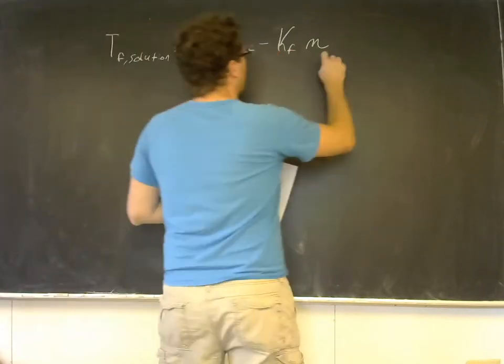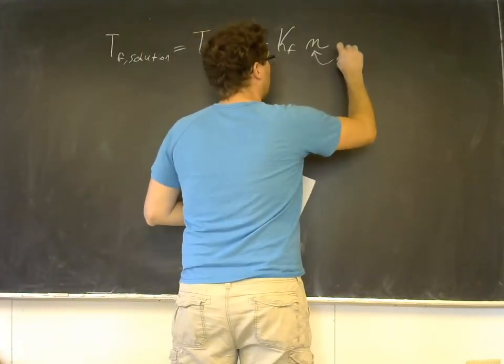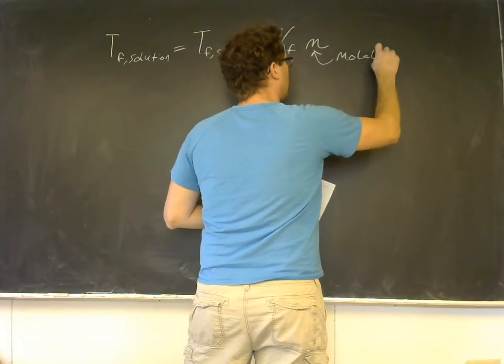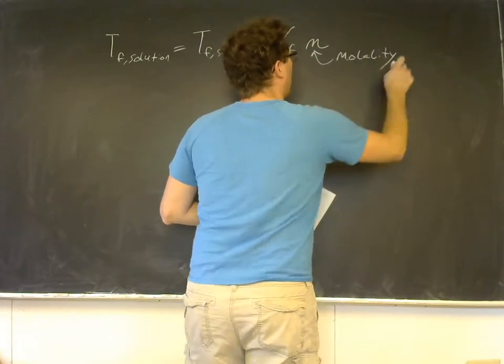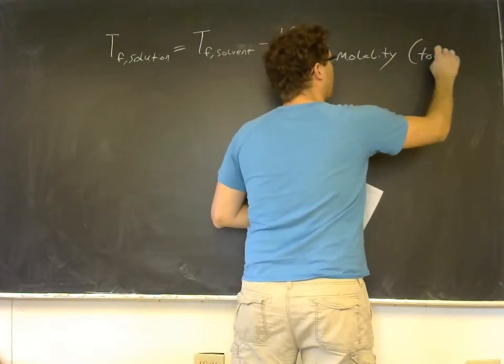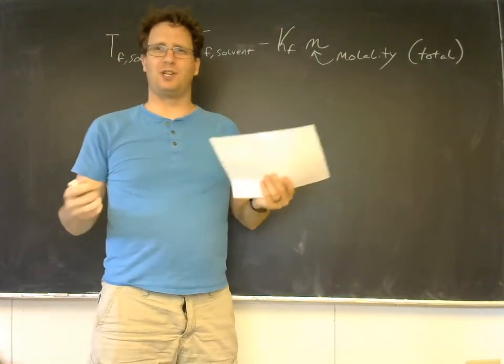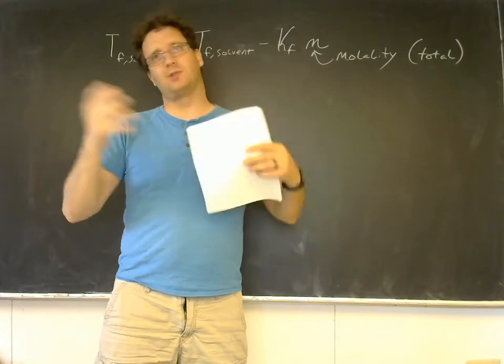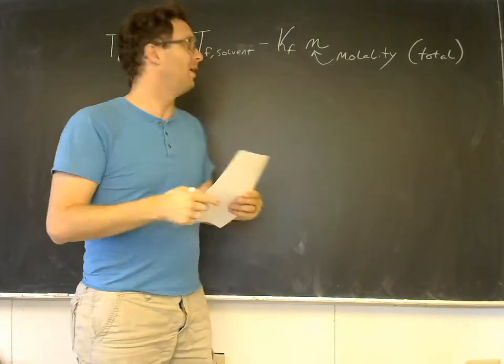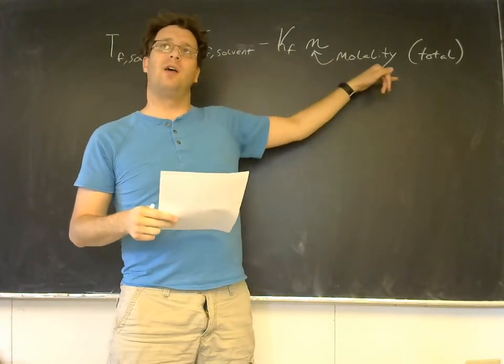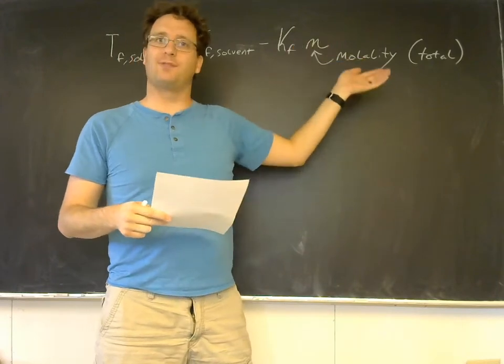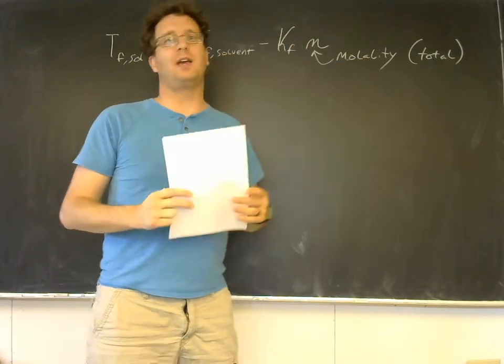And then this is the molality. And I'm going to put the total molality right here. You know, if you had a solution and you added lots of different solutes, well, they would all add up together. So this would be the total molality of all different types of solvated particles in solution.